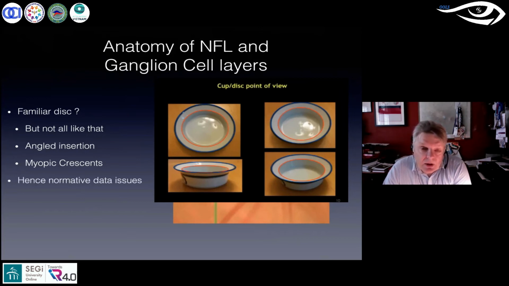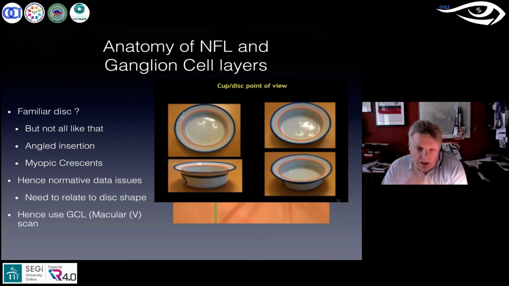That significantly affects our ability to observe the optic nerve, but it also affects normative data, because you have to make sure that an OCT machine is pulling that data from a normative database that is reflective of the population. We need to relate it to the disc shape and size. And this is why in many instances in OCT scanning in suspect glaucoma, we're tending not to use the optic disc scan. We're tending to use more the macula, which is very often a vertical beam scan.